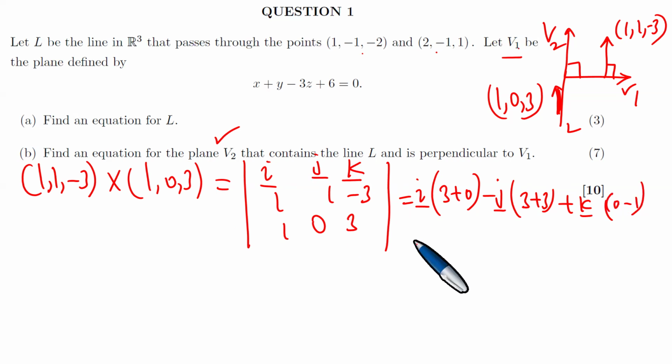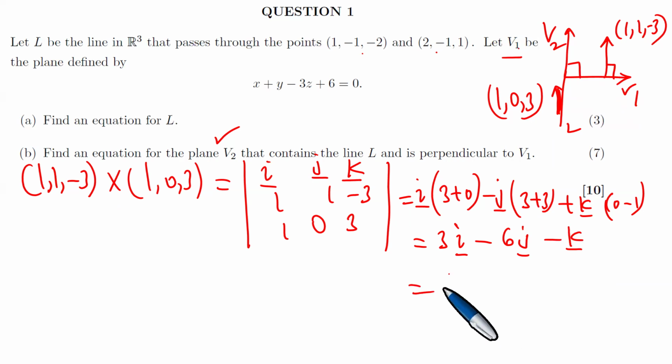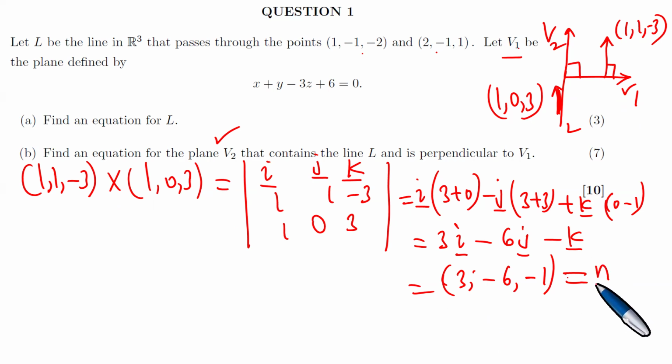So 3 unit vector i, 6 unit vector j, and k. We took two vectors that were parallel to the plane, (1, 0, 3) parallel to plane V2 and (1, 1, -3) parallel to plane V2, and this result written in terms of the unit vectors is the normal.